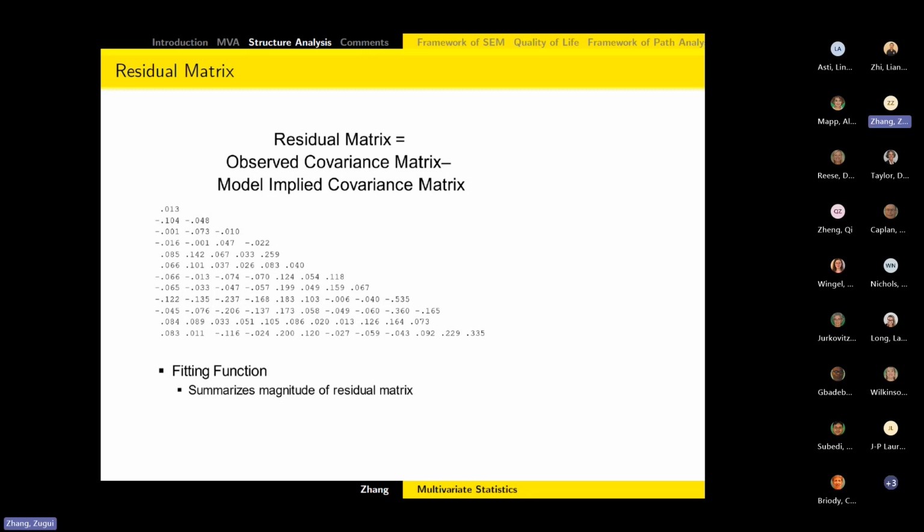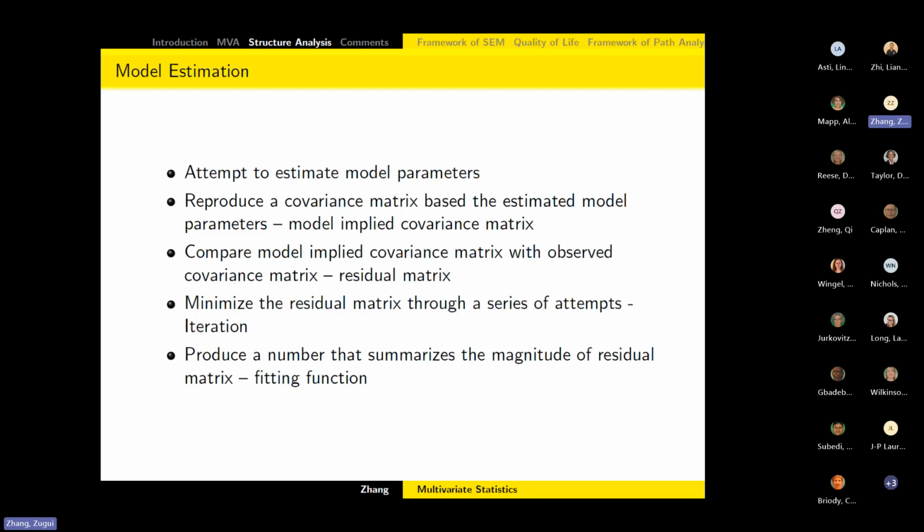So for the outcomes, we will figure out the covariance matrix. When we try to analyze the model, this is the basic way we do model estimation. First, we attempt to estimate model parameters. We produce the covariance matrix based upon the estimated model parameters, which is the model implied covariance matrix.